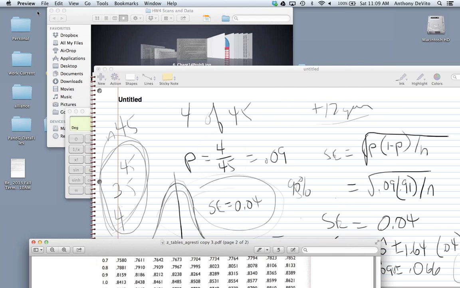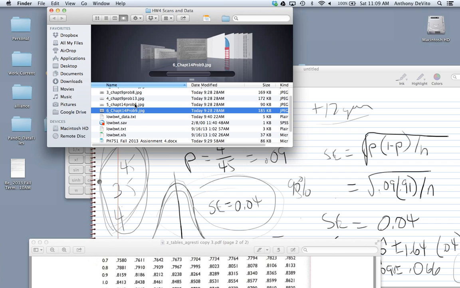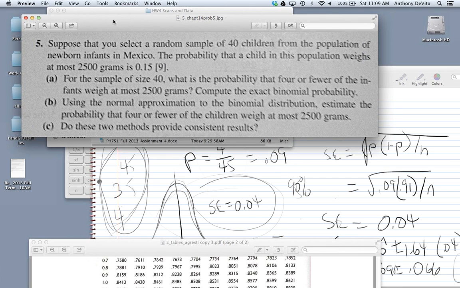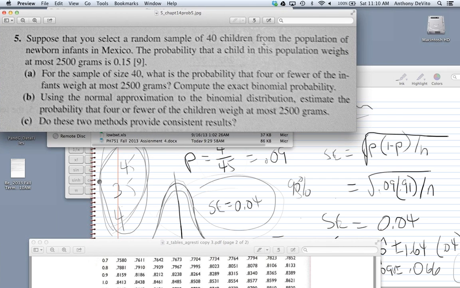I just want to finish up by quickly going back to take a look at problem number 5. Suppose you select a random sample of 40 children from the population of newborn infants in Mexico. The probability a child in this population weighs at most 2,500 grams. They kind of threw us a bit of a curve there.